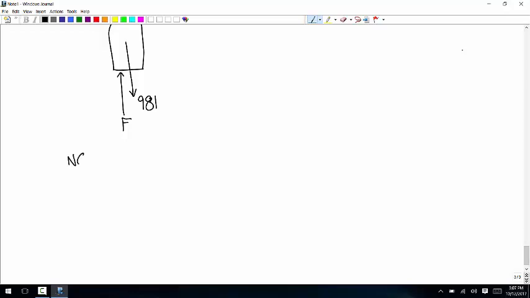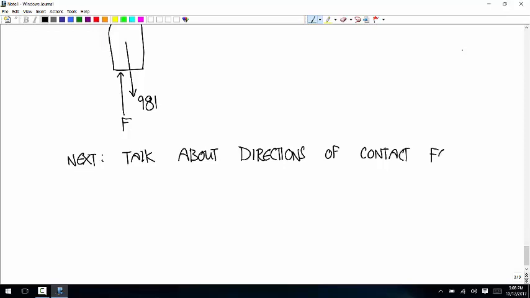So the next thing we'll do is talk about the directions of contact forces. And there are three types of contact forces that we're going to talk about.